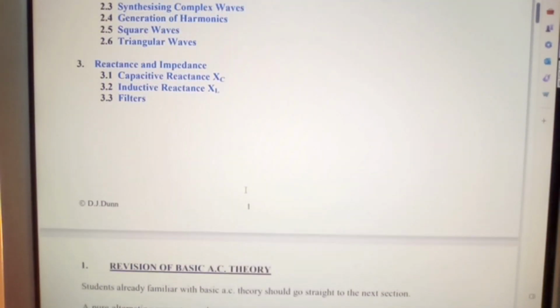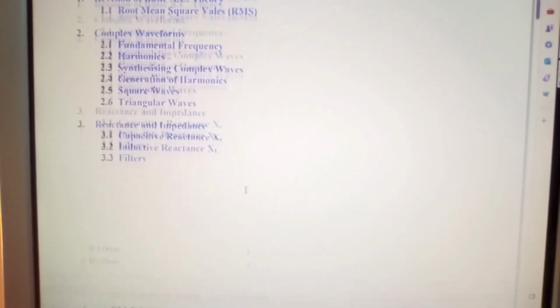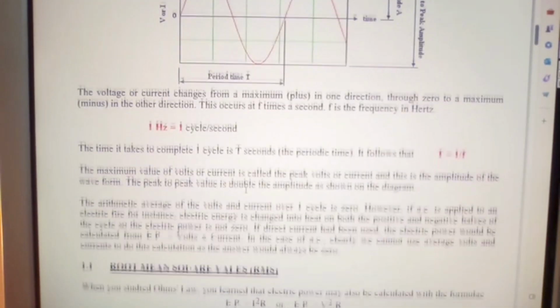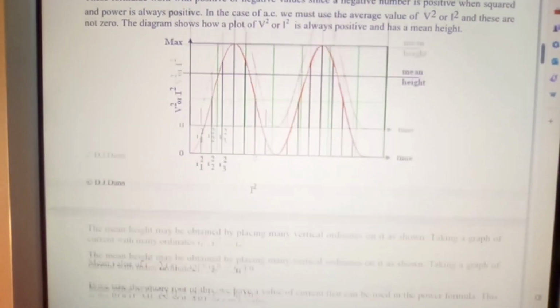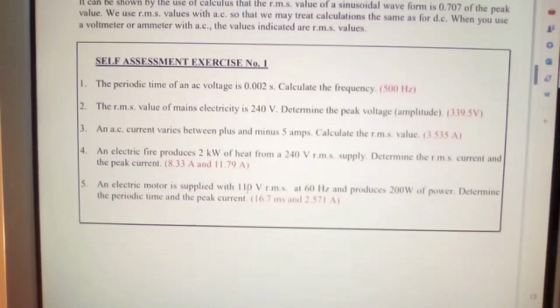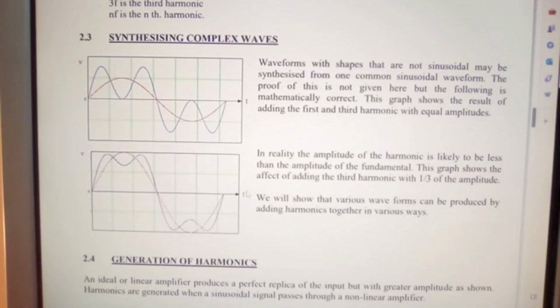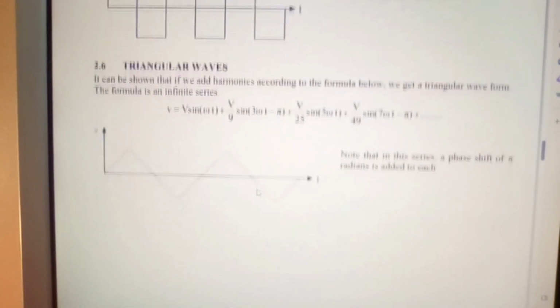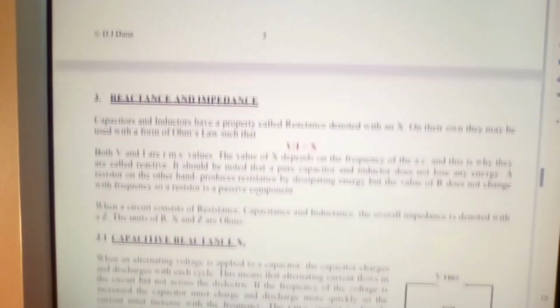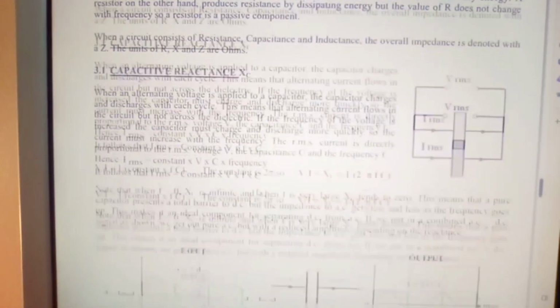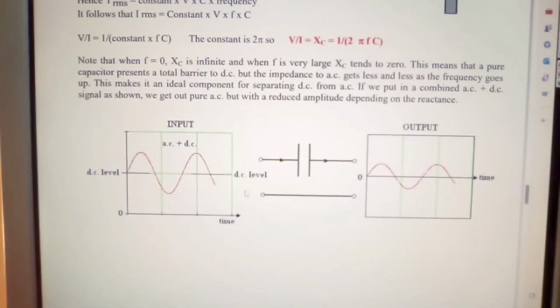Okay, let's just make sure we got that in place so nobody can feel left out.